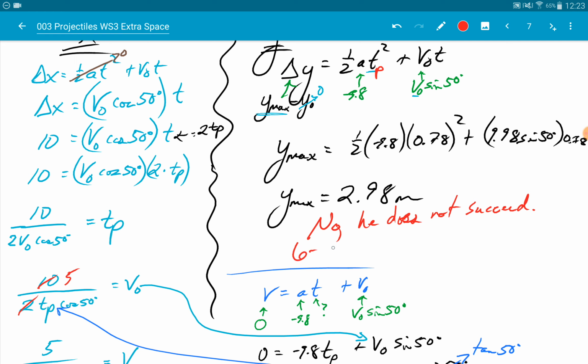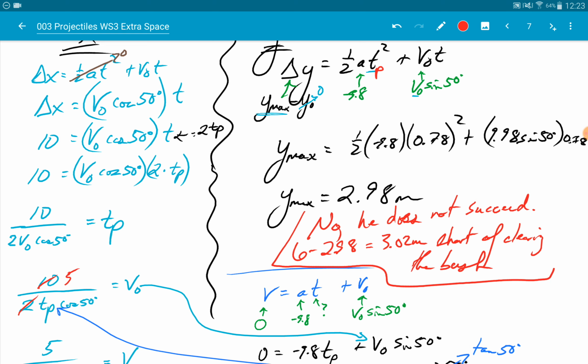We do 6 minus the 2.98, and we get 3.02, and we go 3.02 meters short of clearing the bush. It didn't actually specifically ask for that, but it'd be an interesting thing nonetheless.